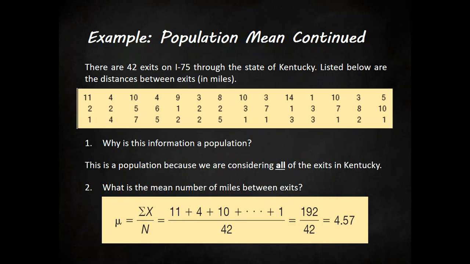Mu equals sigma x over N, so it's sum up all of the distances between exits and then divide by the total number of observations. So the sum of all the distances between exits is 192. And then you divide that by 42, which is the number of observations, which gives you the average distance between exits is 4.57 miles.